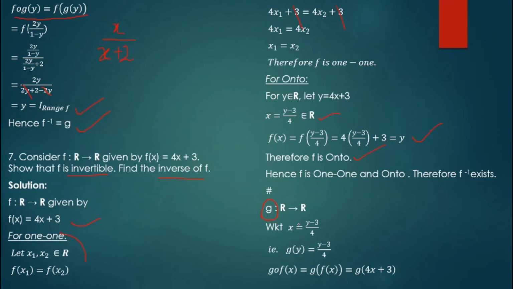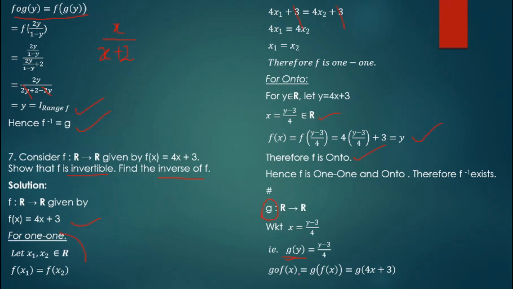We know that x equal to y minus 3 by 4. This we have already written, so we can repeat it. First, why are we taking it? Because we have to solve for gof and fog. For that purpose we need it. So g of y equal to y minus 3 by 4. This also I have explained previously, why we are writing g of y.